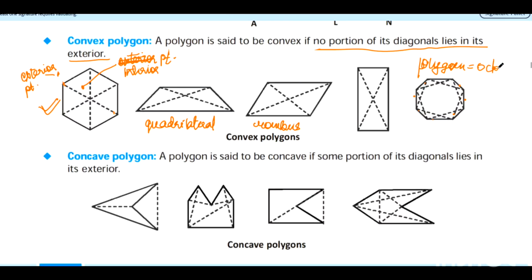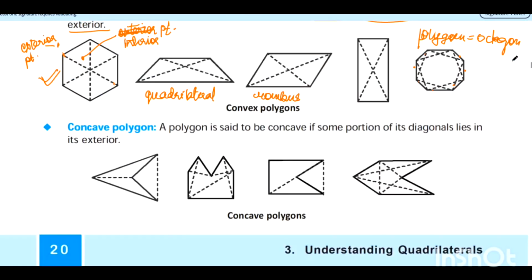Octagon. Very good. In octagon also none of the diagonals go outside, so these all are called convex polygons. In your examination, they will ask which one is not a convex polygon, or which one is the convex polygon. Clear?